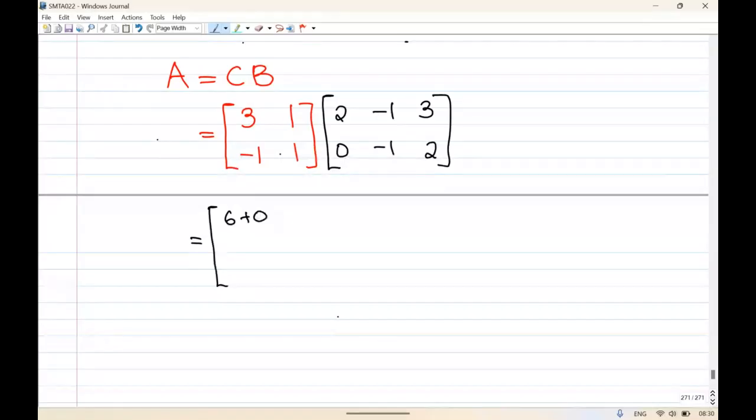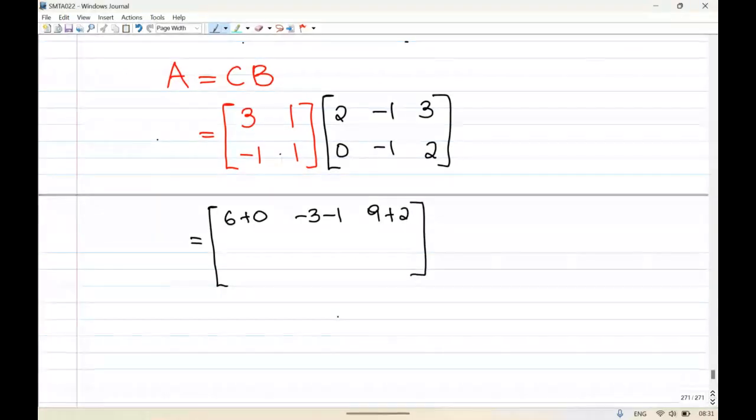Then for the second entry, 3 multiplied by negative 1 is minus 3, plus 1 multiplied by negative 1 is negative 1. Then row 1 will now multiply column 3. 3 multiplied by 3 gives 9, plus 1 multiplied by 2 gives 2.